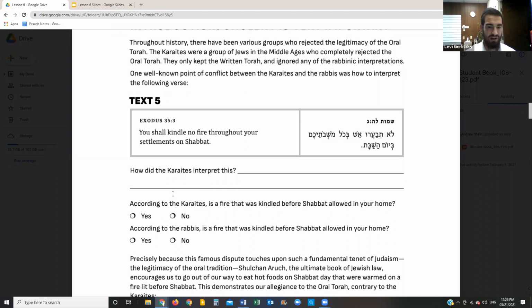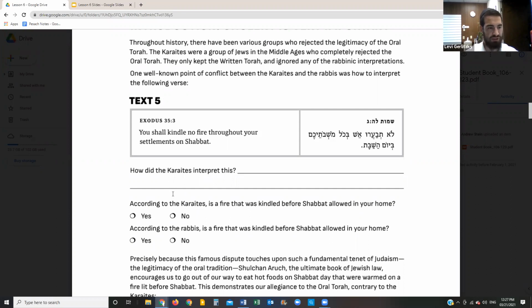However, to light on the Sabbath, that's the prohibition. Therefore, the rabbi said, you can sit in a warm home. You just put wood in the fire before Shabbat. You can sit in a lit home, a home that has light, because you just light your candles before Shabbat.